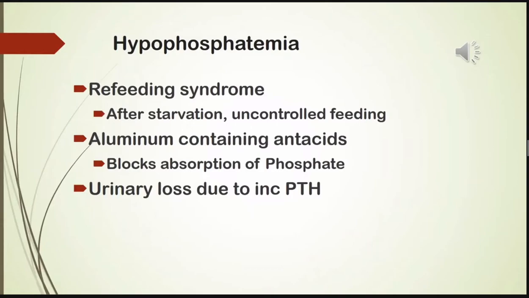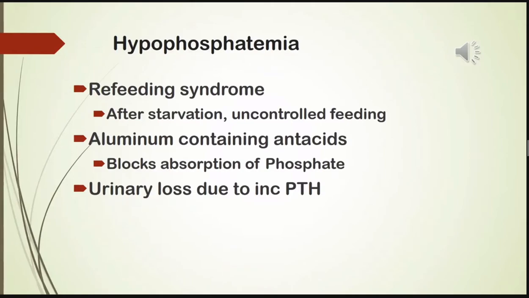Hypophosphatemia is a condition wherein there is decreased phosphate in your blood. This can happen in conditions like refeeding syndrome. In this syndrome, the patient usually has undergone starvation and is badly in need of ATP. If you do not control the intake of food for this patient, his body will start converting all of the available phosphate groups into ATP.